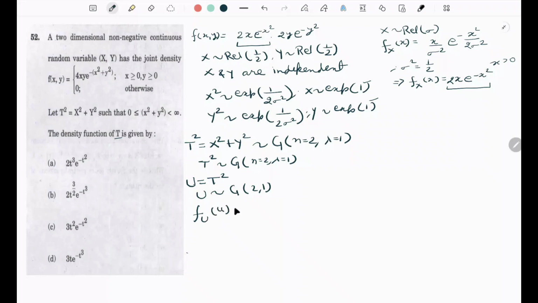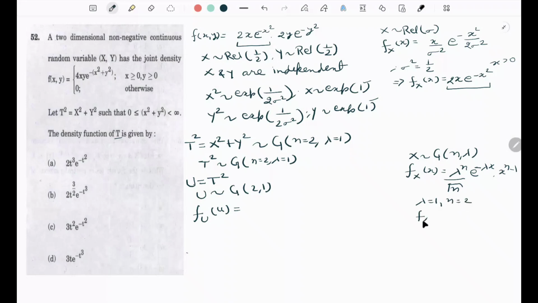f_U(u) equals to. We know that if X follows gamma distribution with shape parameter n and rate parameter lambda, then the PDF of X is given by λⁿ/Γ(n) e^(-λx) xⁿ⁻¹. So in place of lambda we have 1, in place of n we have 2.